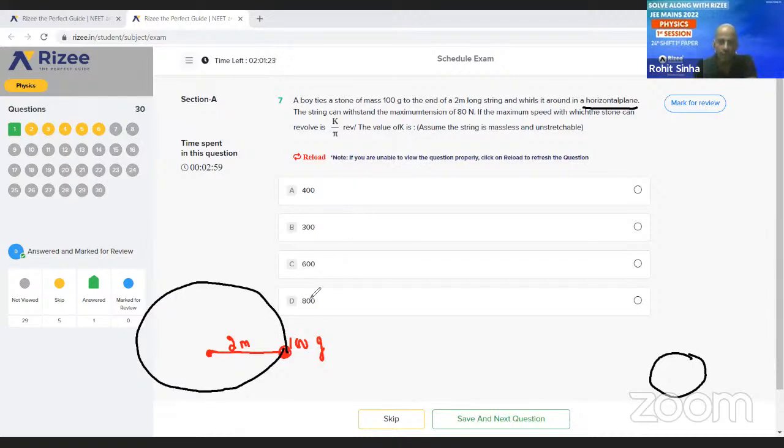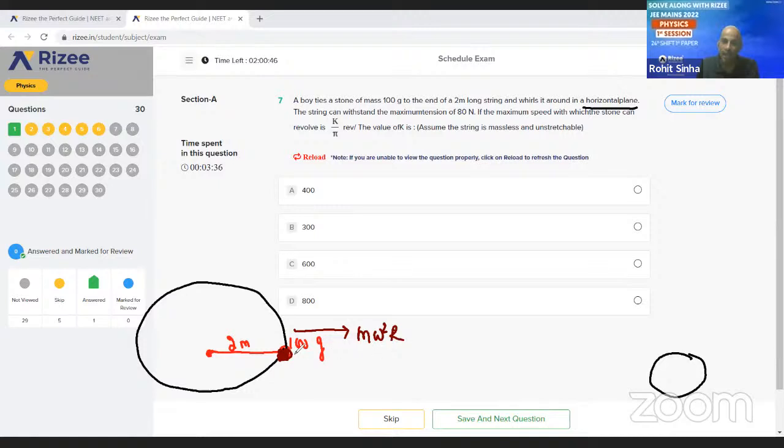And it is also given that if an object is moved in a circular motion like this, you know what will happen. A centrifugal force will occur in it. How much? It will be equal to m omega square r. And this centrifugal force will try to break the string, and this stone will try to go away from the circle due to the effect of centrifugal force.